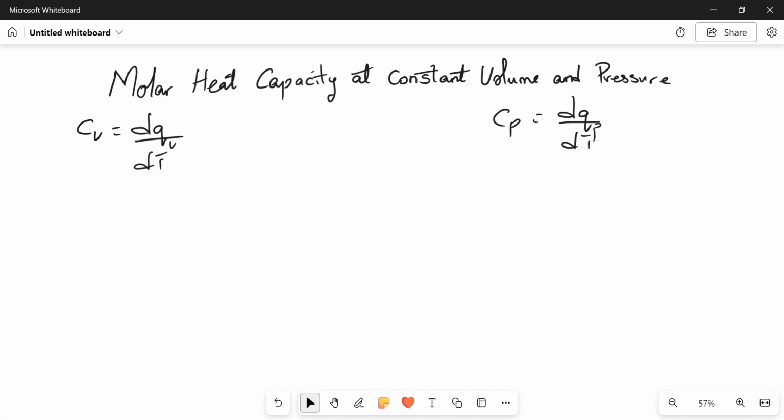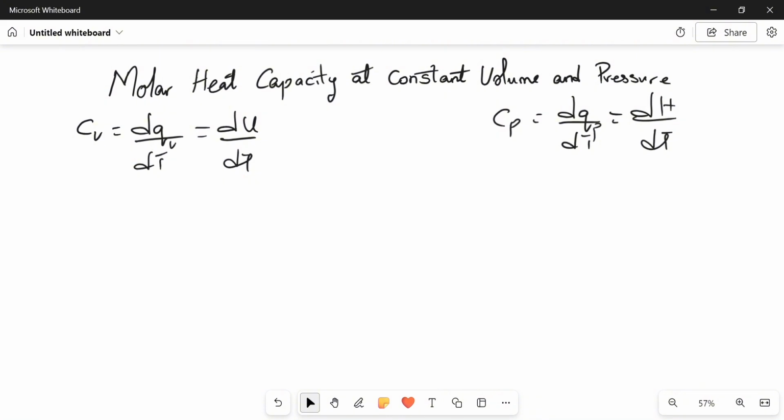Now, don't forget that at constant volume, this can also be written as the change in U over dT. Why? Because at constant volume, our QV is equal to change in U. We should not forget that. And the other one can also be written as dH over dT. Did we get that point? Good.